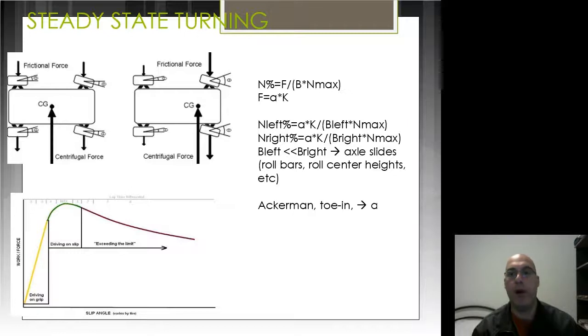So if you have a stiffer roll bar on the rear axle, then the rear axle will slide sooner. So you can adjust the attitude of the car from understeer to oversteer using the roll bars.